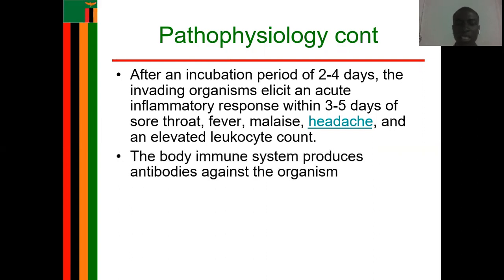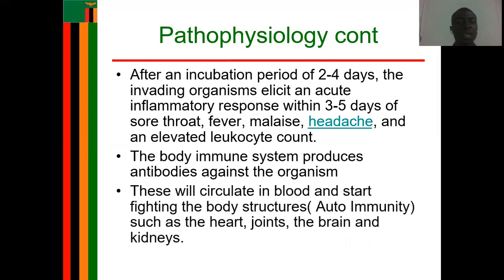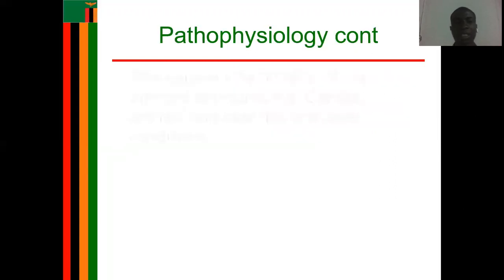The body's immune system produces antibodies against the organism. These circulate in the blood and start attacking the body's own structures in an autoimmune manner, such as the heart, the joints, the brain, and also the kidneys.